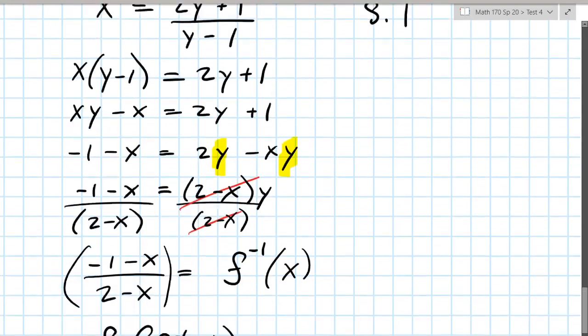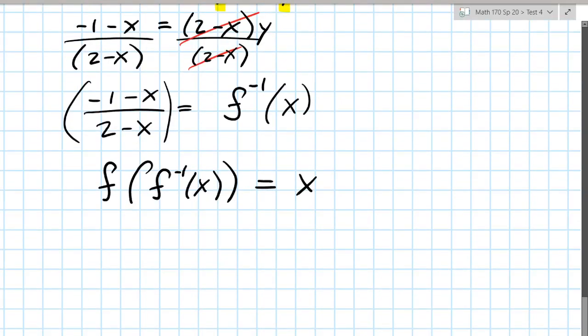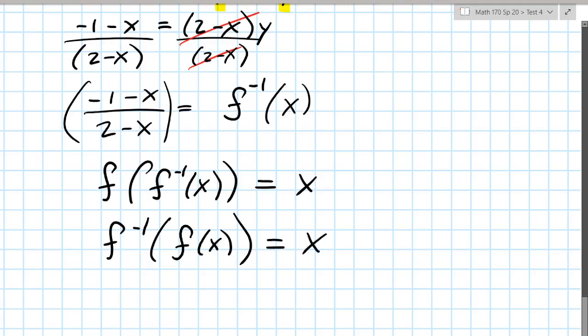I mean, we could do it, but I don't want to. But there you have it. Also, if you want, you can check to see that f inverse of f of x is equal to x as well.